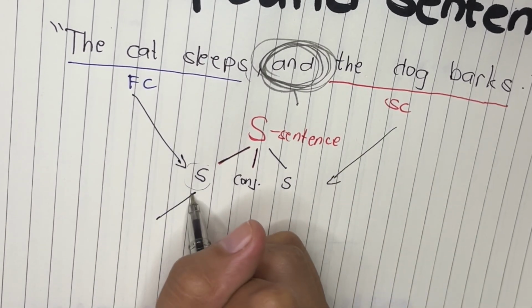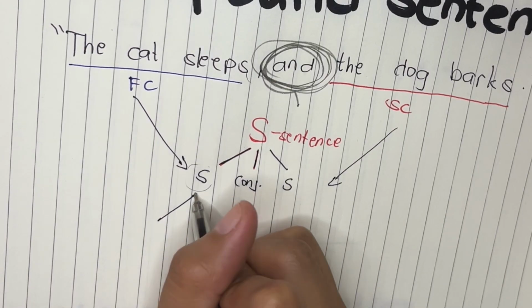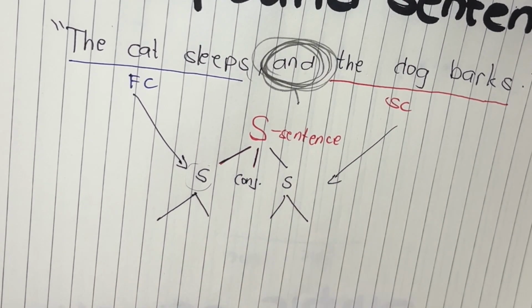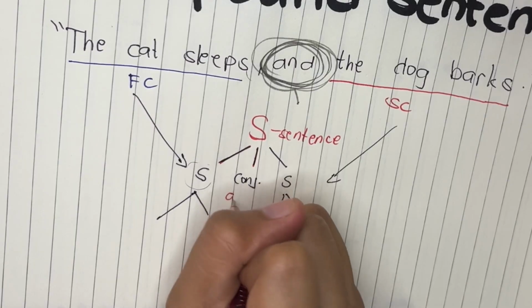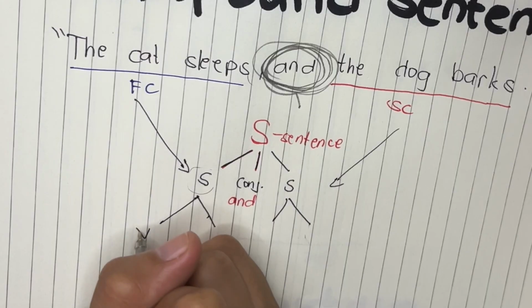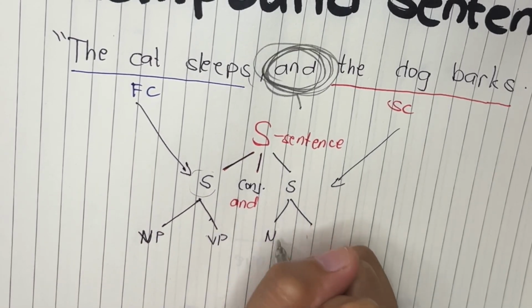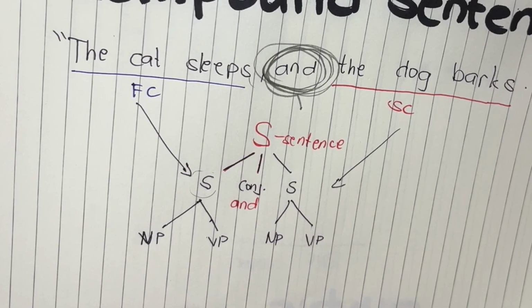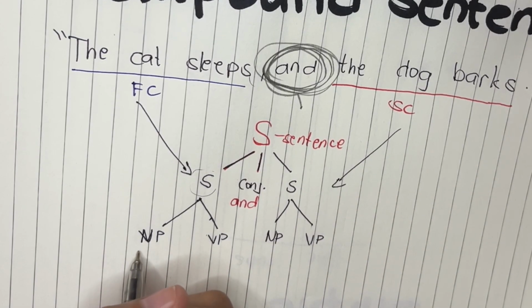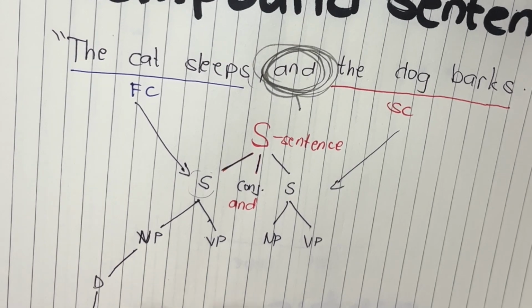So let's proceed. The noun phrase and verb phrase, noun phrase and verb phrase. Then our determiner, the.